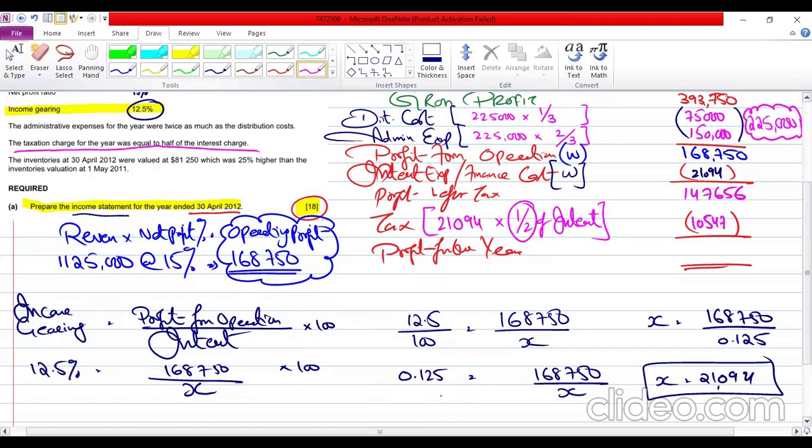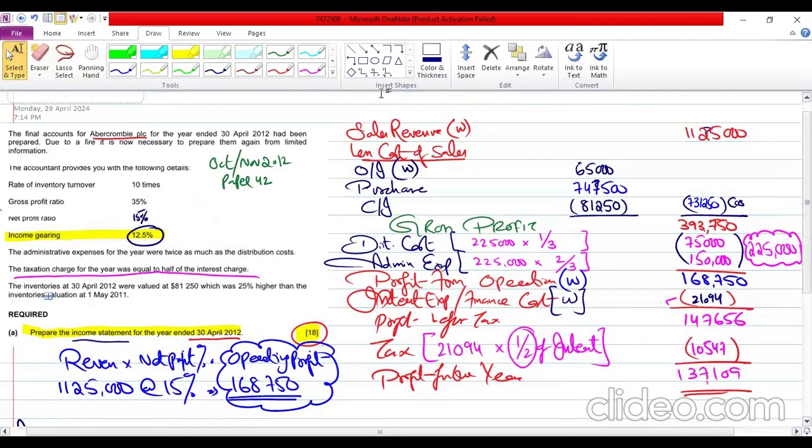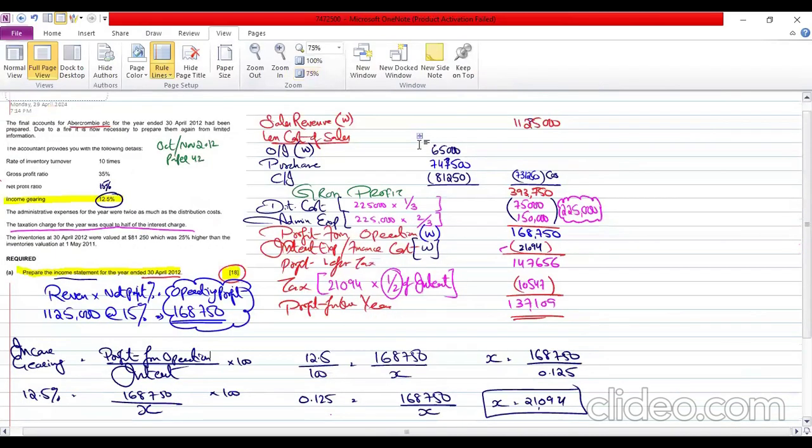Not double, half: 10,547. And we got profit for the year, 137,109. Got my point or no? Note down and see if you have any questions, any query, please.